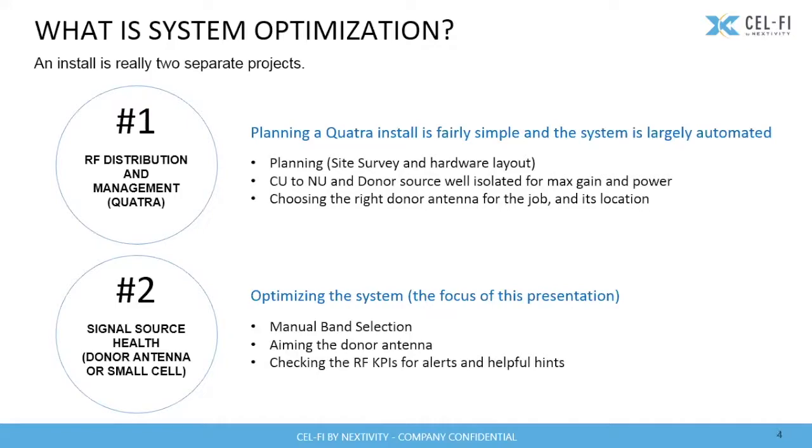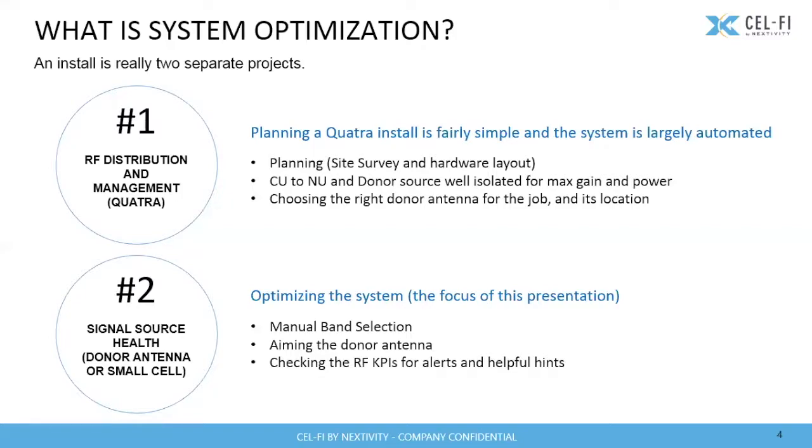All right, what is optimization? Here we're breaking down a Quatra project really into two pieces. One is RF distribution, and then the second one is optimization. So the RF distribution is really just getting your Quatra system set up, doing your site planning. Hopefully you've done a site survey, so you know the best place to put your donor antenna. You know where your hardware should go.